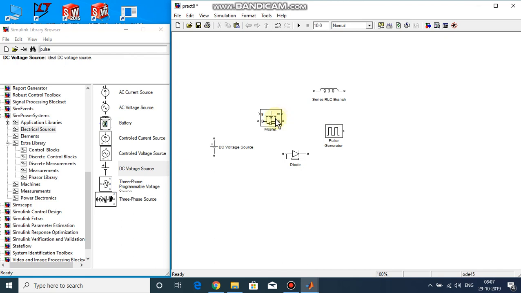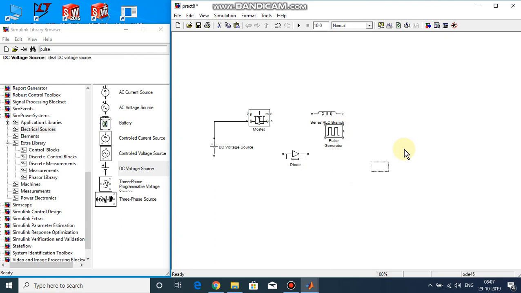Okay, so for buck converters, the MOSFET would be in series with the supply. Remember that the drain would be connected to the positive, not the source, because there is an internal diode which has to be reverse biased.